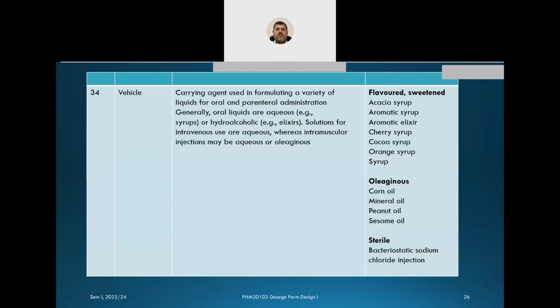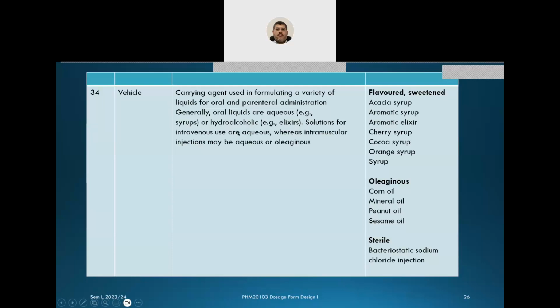If we talk about liquid, we call it vehicle. For example, oral liquids usually are aqueous, so the vehicle is water or a solution of sugar. It can be hydroalcoholic, meaning a mixture of water and alcohol, as I mentioned, to increase the solubility of lipid-soluble drugs. So we call it elixirs.